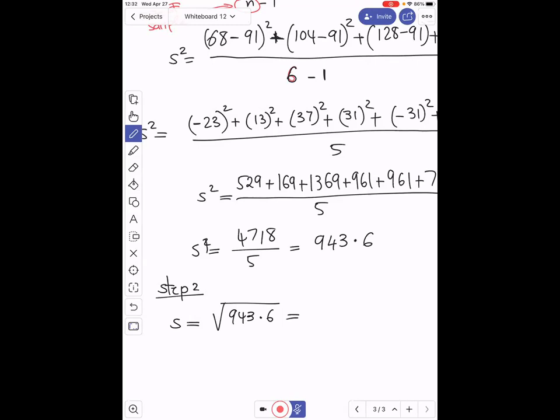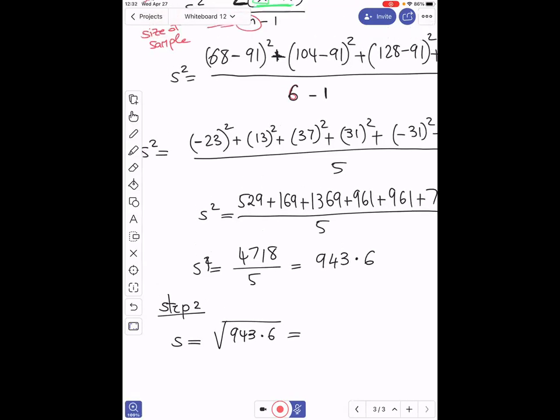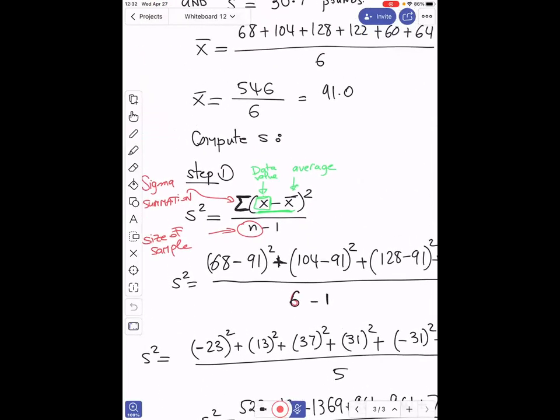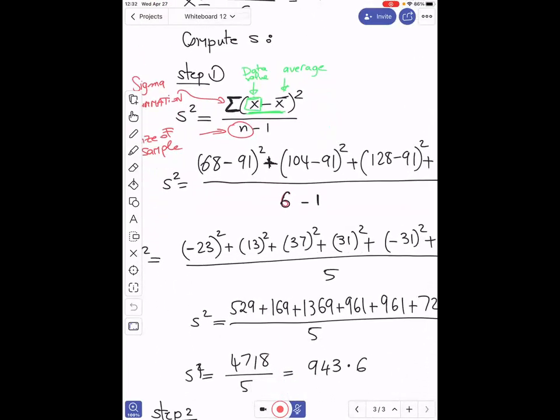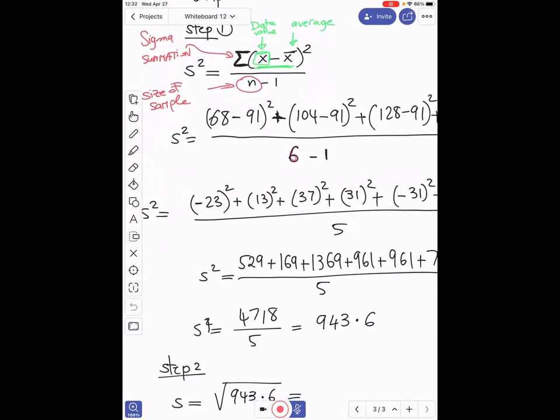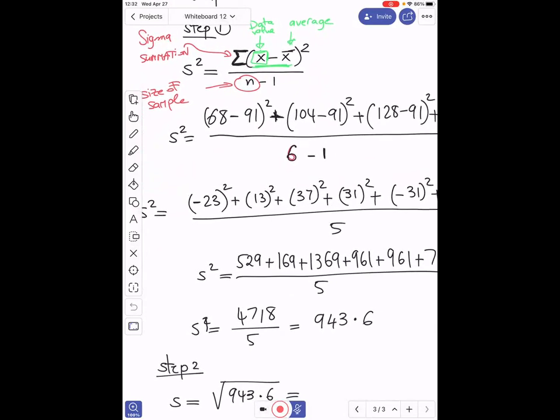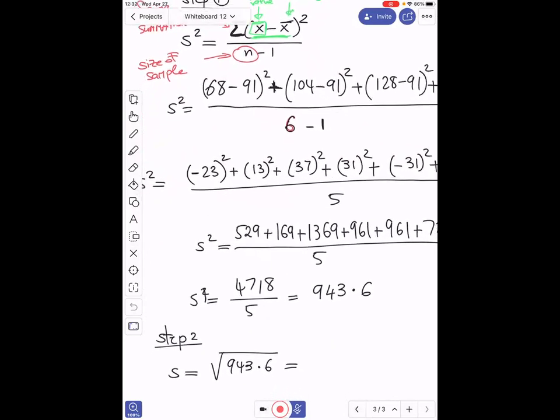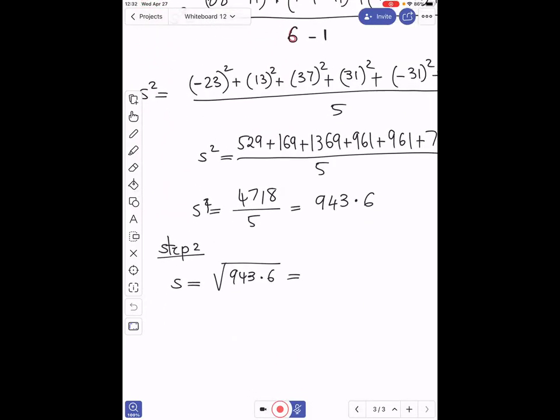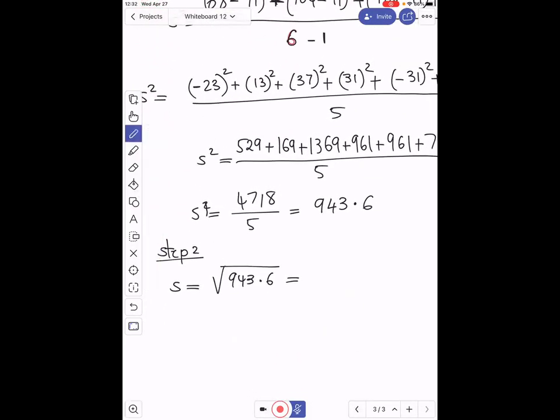But anyway, the square root of this would be 30.71. Yeah, 30.71. Thank you. Yeah, that's exactly the answer.